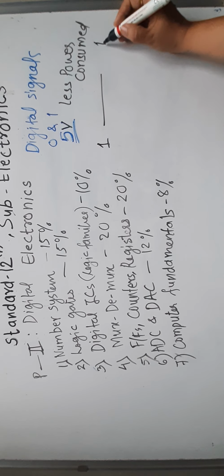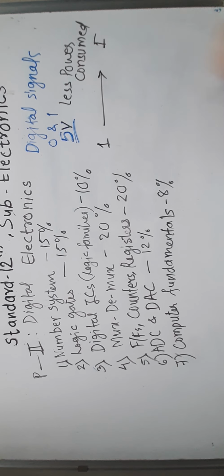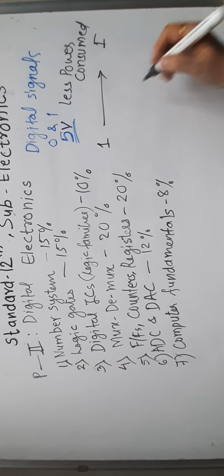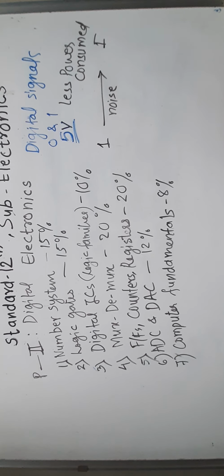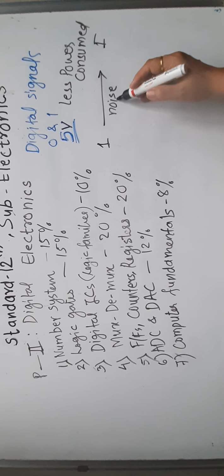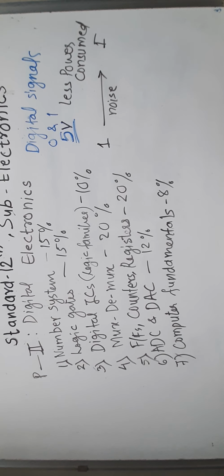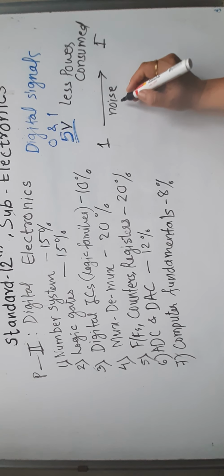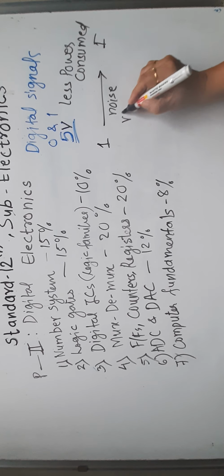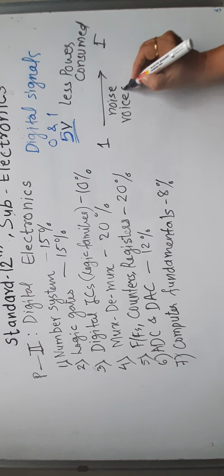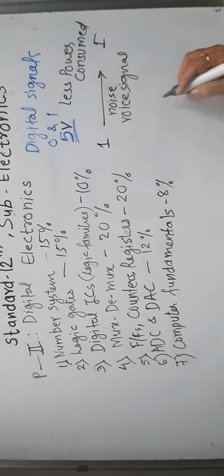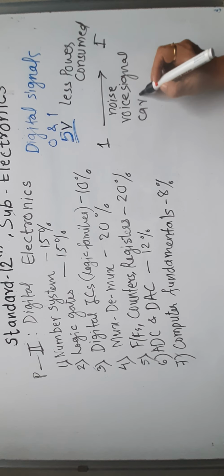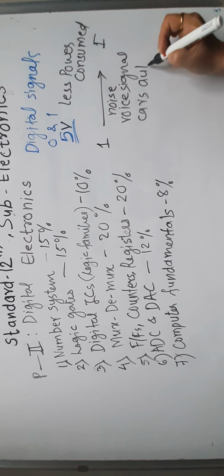In addition to that, when a digital signal is transferred from one place to another place, when the signal is transmitted from here to here, there is a chance of addition of noise. Noise is any unwanted signal. So what are the types of noise? Types of noise are voice signals or signals due to cars, or we can say automobiles.